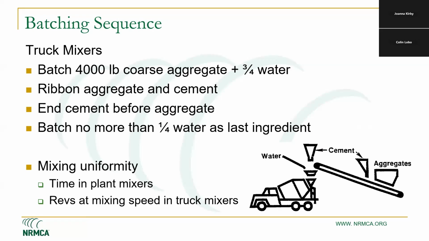Try to get some coarse aggregate with almost 3/4 of the water in first, and ribbon the aggregate in with the cement, then end with the cement before the aggregates and wash down the rest of the material into the mixer as the last quarter. You should be able to get uniformly mixed concrete within about 100 revolutions at mixing speed, both in terms of uniformity of air content, slump, coarse aggregate content, etc. And monitor the number of revolutions that you are putting on a mixer at mixing speed and agitating speed. Sometimes there are limits on the total number of revolutions.